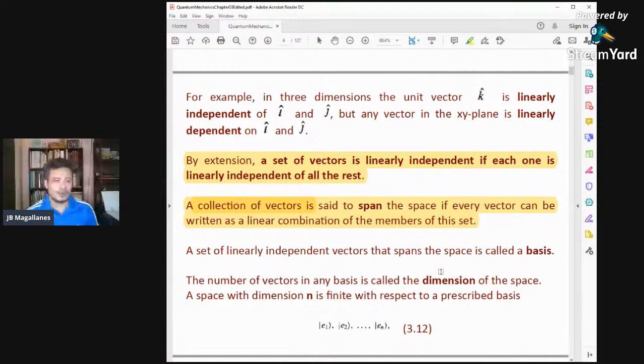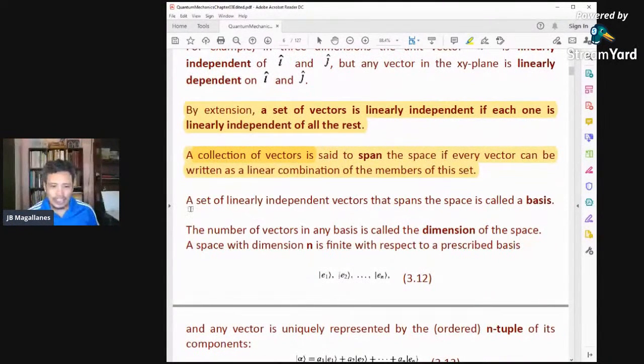So for four-dimensional space or five-dimensional space or multi-dimensional space, if you have n-dimensional space, you have n vectors that span that space. In three dimensions, you have i, j, k spanning the three-dimensional space.